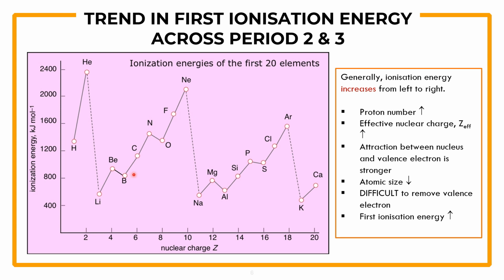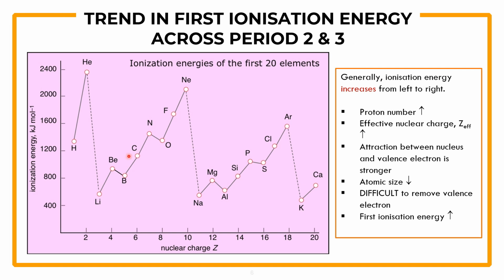So we should expect boron should have greater ionization energy compared to the beryllium. Why? Because the proton number of the boron is higher than the beryllium. So the size of the boron is smaller than the size of the beryllium.